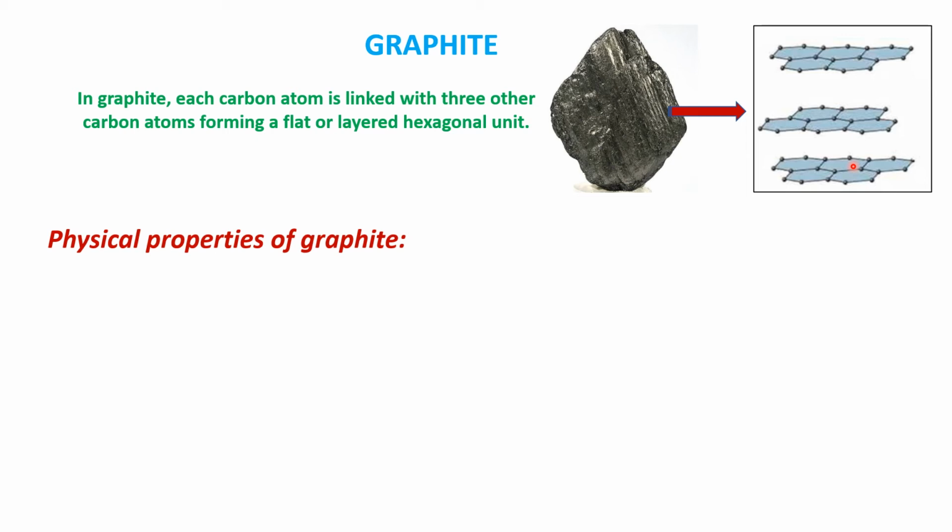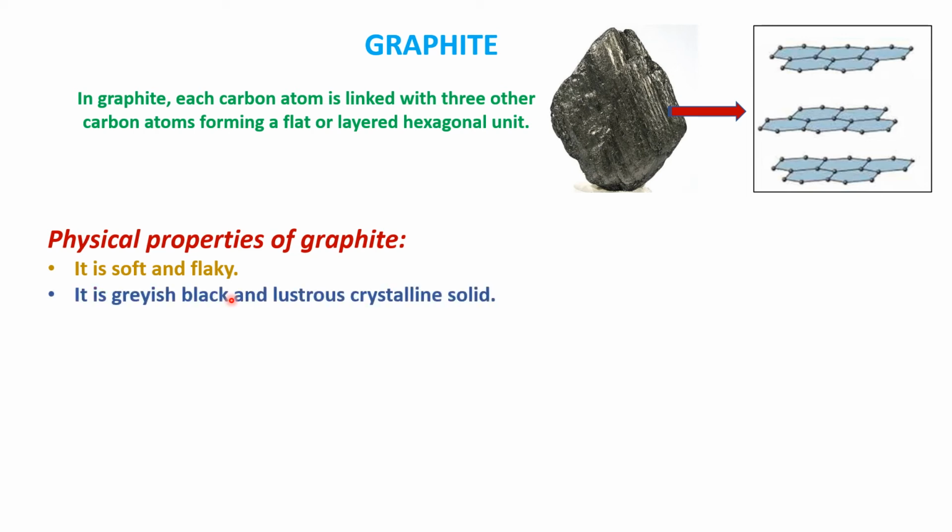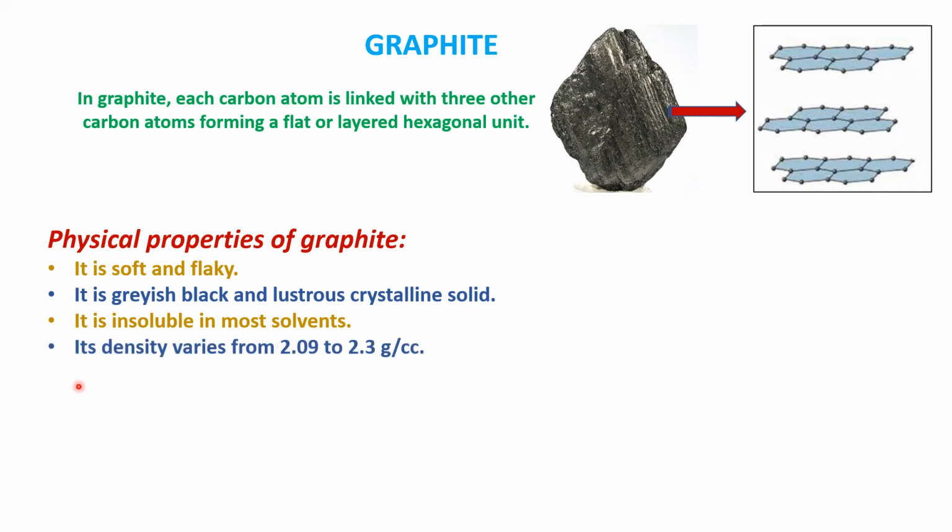Physical properties of graphite. It is soft and flaky. It is a grayish black and lustrous crystalline solid. It is insoluble in most solvents. Its density varies from 2.09 to 2.3 gram per cc.